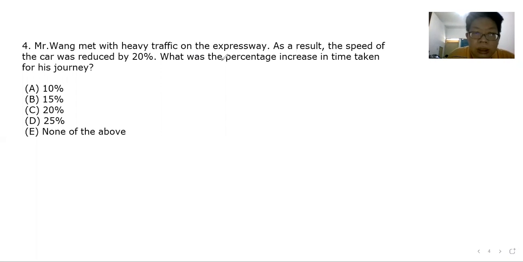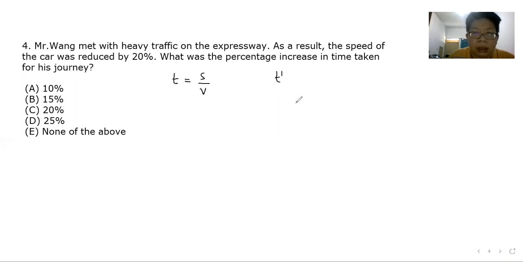We must express the time after the speed of the car was reduced by 20%. Let's say that the initial time is t, and after the speed of the car was reduced, the time taken is t'. t is equal to distance over velocity.